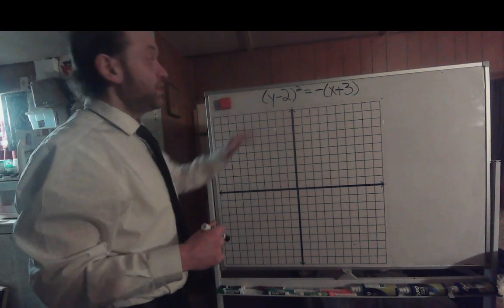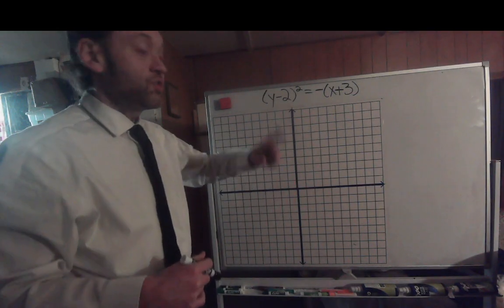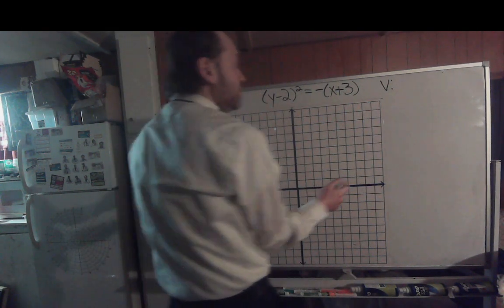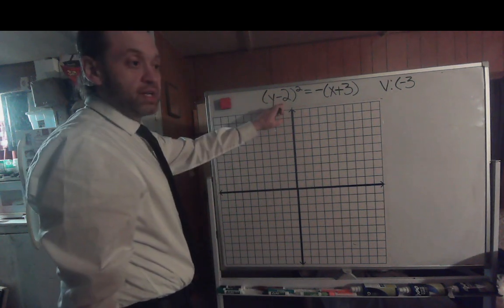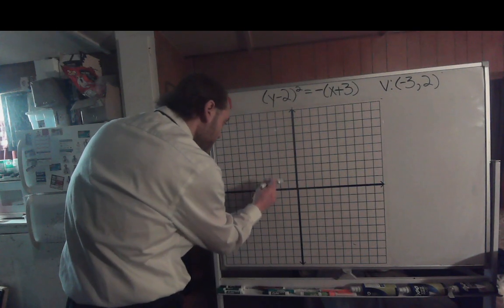Well, let's find the vertex first. So if you set your x plus 3 equal to 0, you would get x equals negative 3. So the x coordinate's negative 3. Now set your y minus 2 equal to 0, you get y equals 2. So the vertex of this parabola is going to be at the point negative 3, 2.